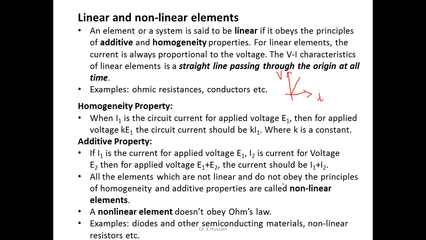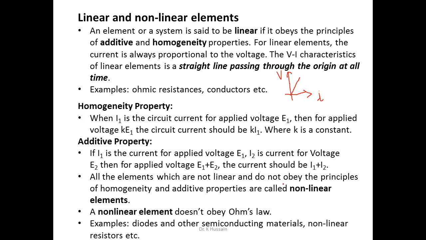And the second one is the additive property. If I1 is the current for applied voltage E1, and I2 is the current for applied voltage E2, then for the total applied voltage E1 plus E2, the current should be I1 plus I2. At a time you are taking a single source E1 voltage, at that time current is I1.